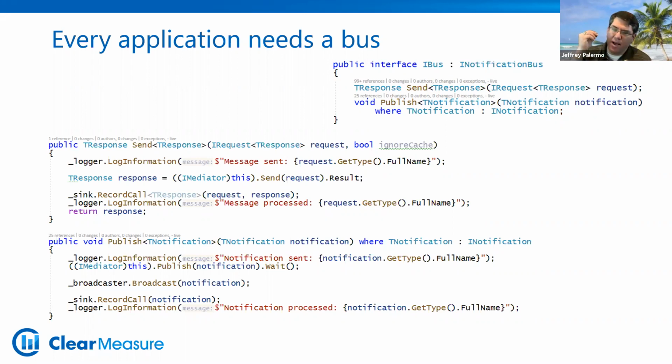Now, I will assert that every one of your Blazor applications needs a bus to govern the logic in your hub. And so the bus pattern is a fantastic implementation of a hub and spoke pattern, okay?